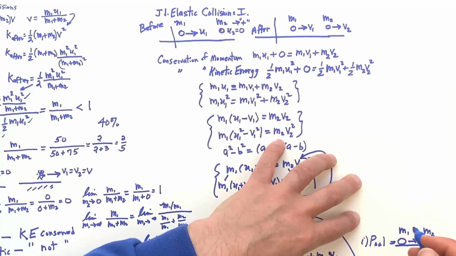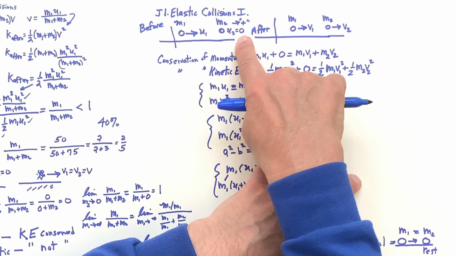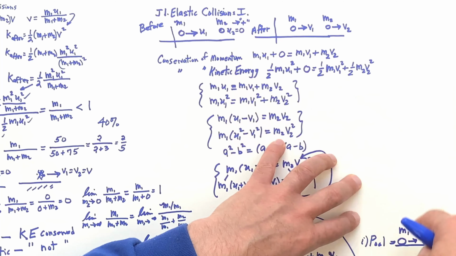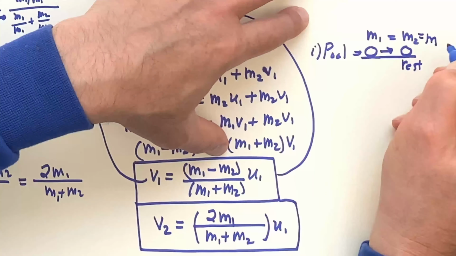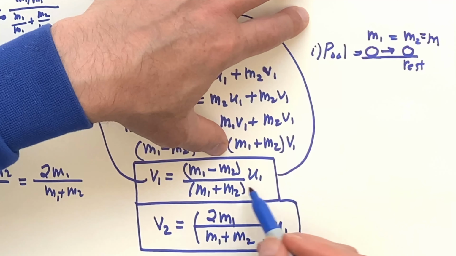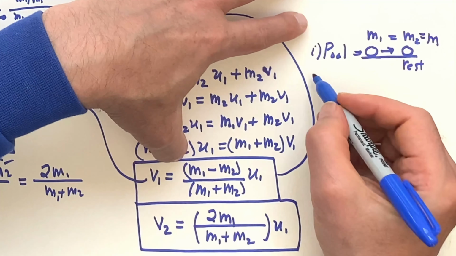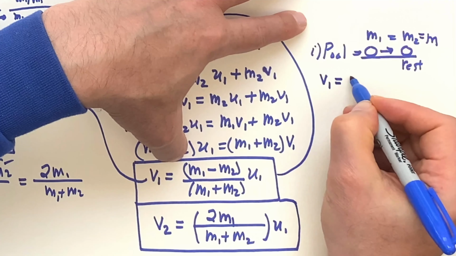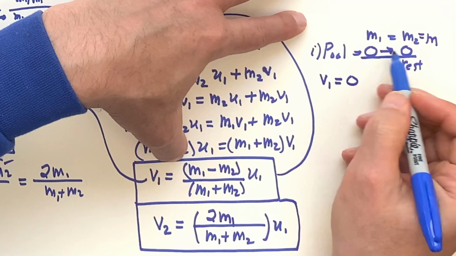Our problem is that the second mass has to be at rest. So we do have this situation, but our specific case is that the masses are going to be equal. Now, if the masses are equal, this equation here says v1 is 0. In other words, this ball will just stop.